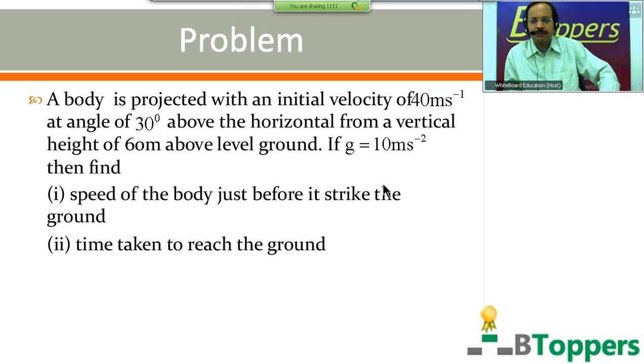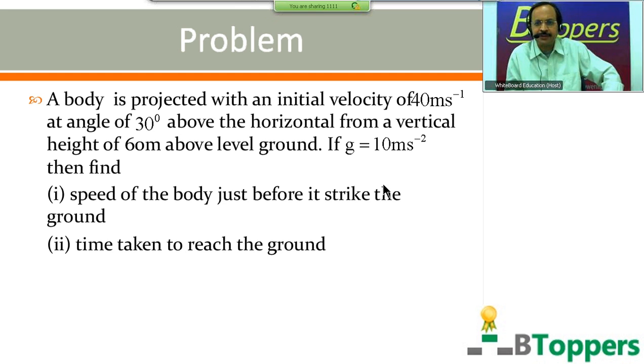So next I would like to discuss one problem based on the earlier discussion, that is oblique projection from a certain height. Look at the problem that is shown on the screen. The body is projected with an initial velocity of 40 meters per second at an angle of 30 degrees above the horizontal from a vertical height of 60 meters above level ground.